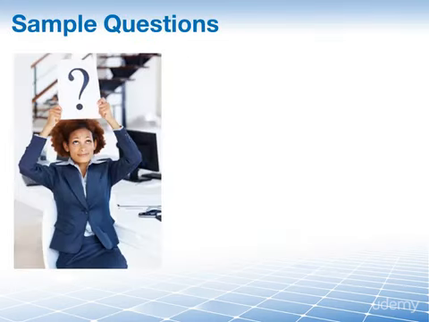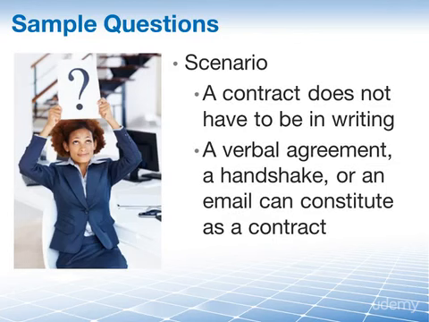So what type of questions do we see for procurement management in the commercially available sample tests online or in books? Well, a common question is set up as a scenario and based on the fact that a contract does not have to be in writing. Instead, a simple agreement, a verbal agreement, a handshake, or an email already constitutes a contract that you can fall back on in purchasing.